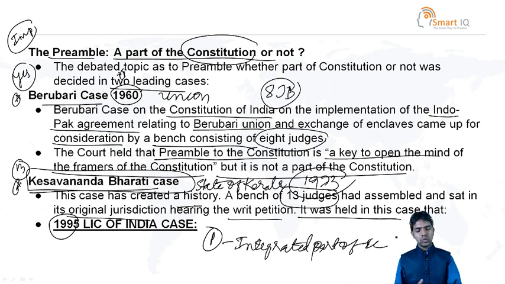You have to mention the important cases: the Berubari Union case of 1960, in which the Supreme Court held it is not a part of the Constitution. In the Kesavananda Bharati case in 1973, the Supreme Court rejected the earlier verdict and said that the preamble is a part of the Indian Constitution. Again in 1995, the Life Insurance Corporation of India case, the Supreme Court held that the preamble is an integral part or basic structure of the Indian Constitution.